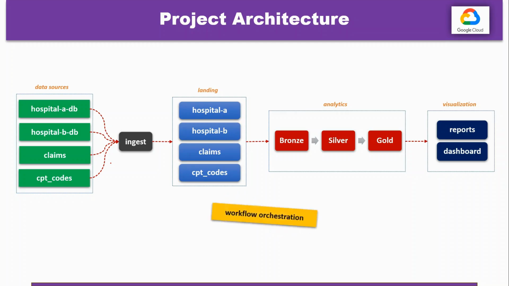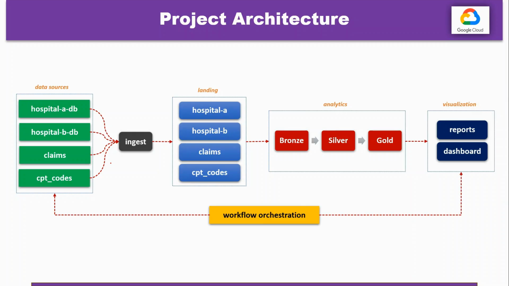To orchestrate these jobs, we are going to use workflow orchestration tools such as Airflow, for moving the data from the data sources until the visualization, because we don't want to do things manually. We want to automate everything. To automate things, I'm going to use a workflow orchestration tool to schedule them, orchestrate them, manage them, and run them in a simple and easy manner. So this is what we are going to do.